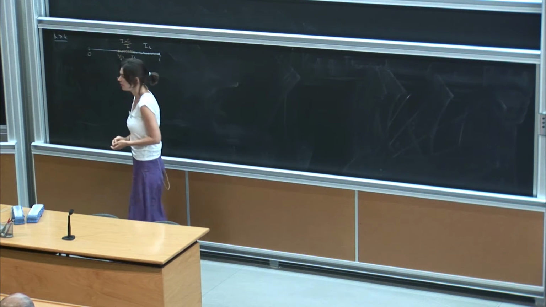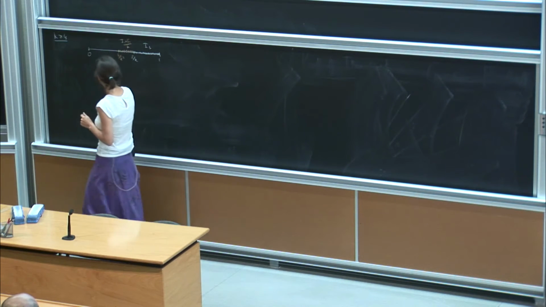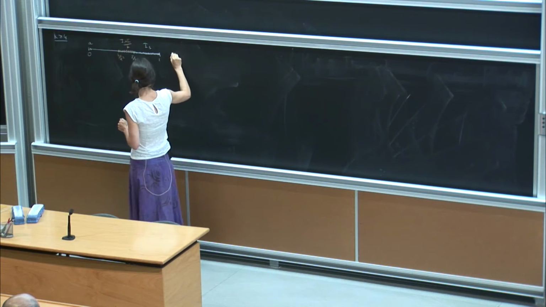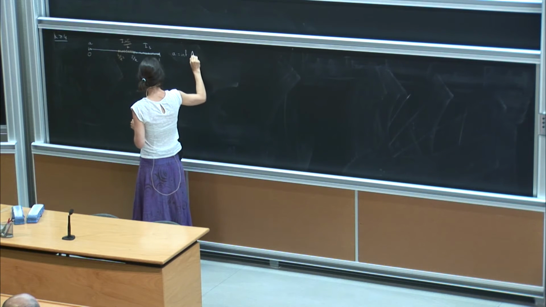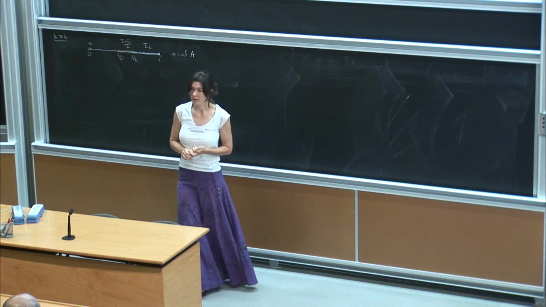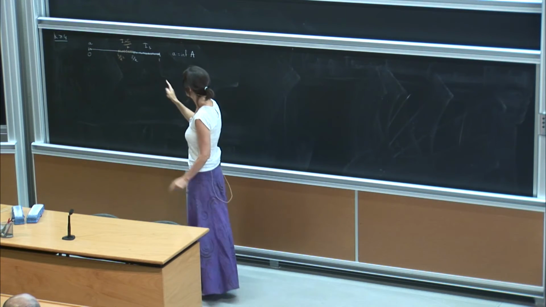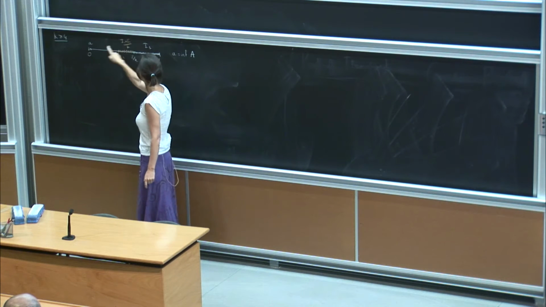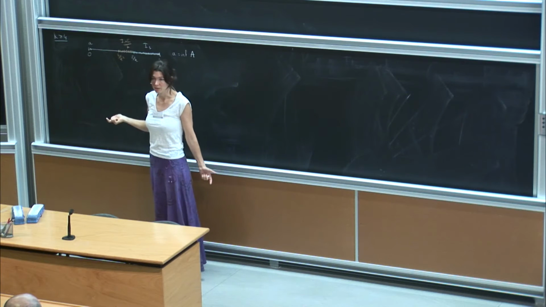And now if you know that the infimum of your set A is here, let's call it a, then you cannot take what is between a plus 2 over k divided by k and a plus 1 divided by k.